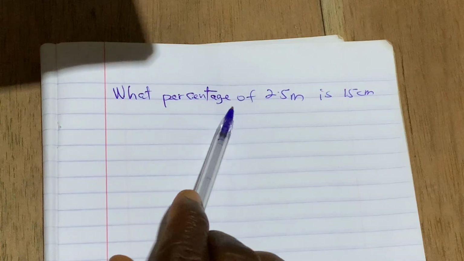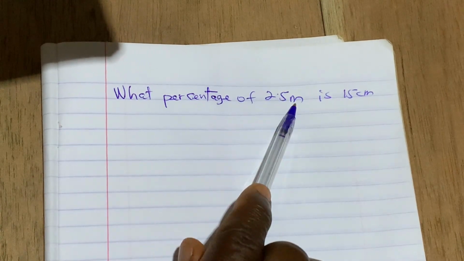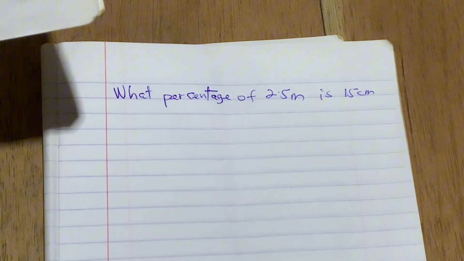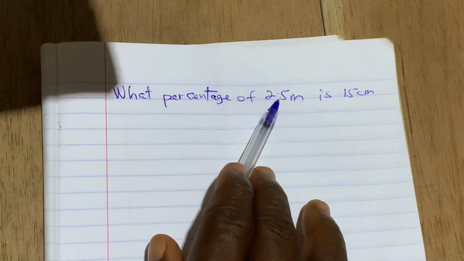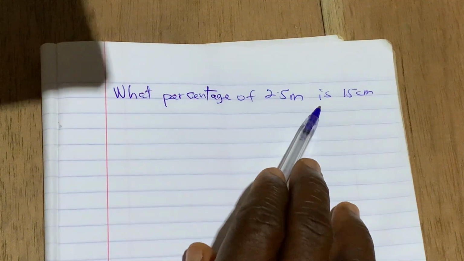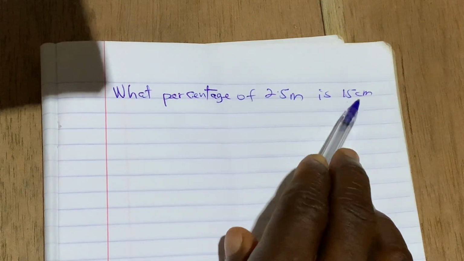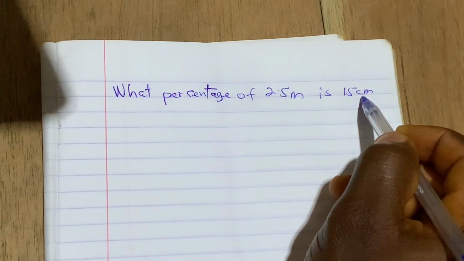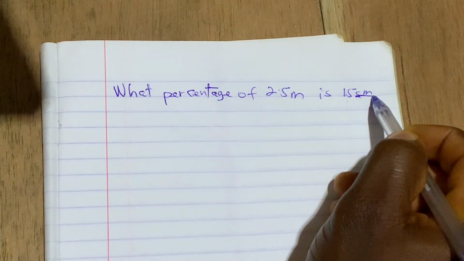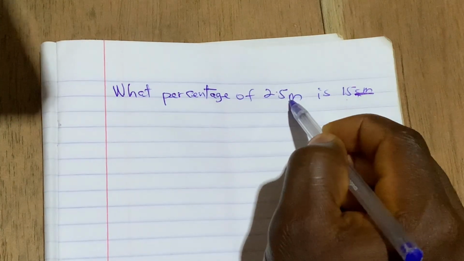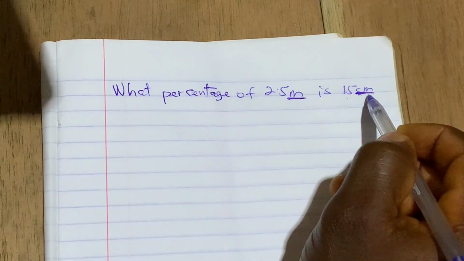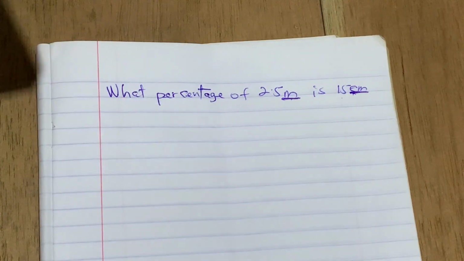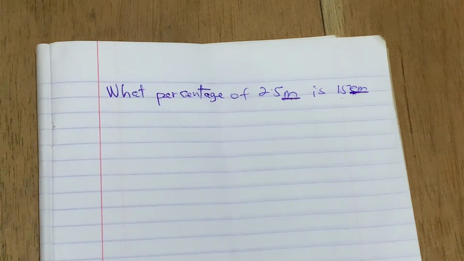What percentage of 2.5 meters is 15 centimeters? In this one, we have unlike units. The units are not the same. We have centimeters here, and meters here.